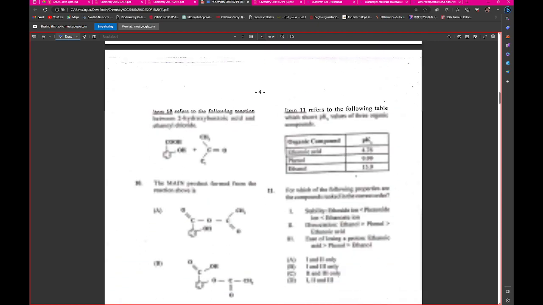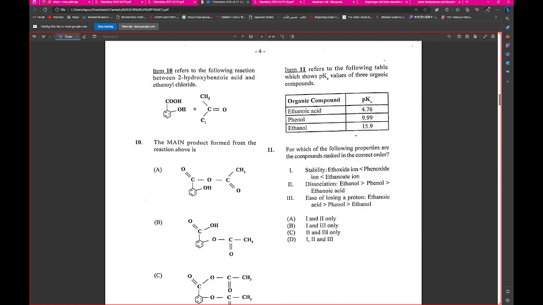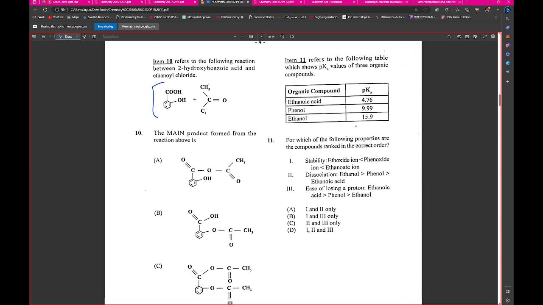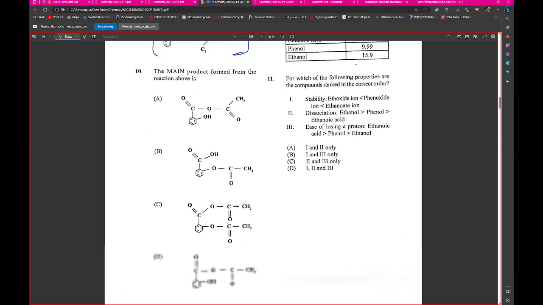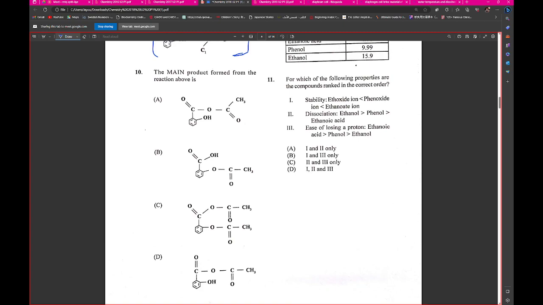Wonderful. So for the main product formed from the reaction above, we have this carboxylic acid. And then we have this here, which would be a ketone. So it would be the reaction here.